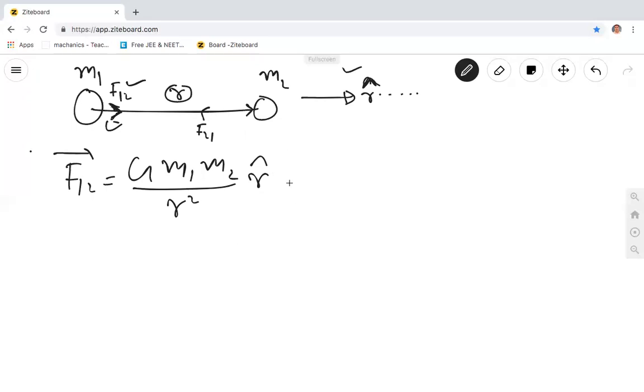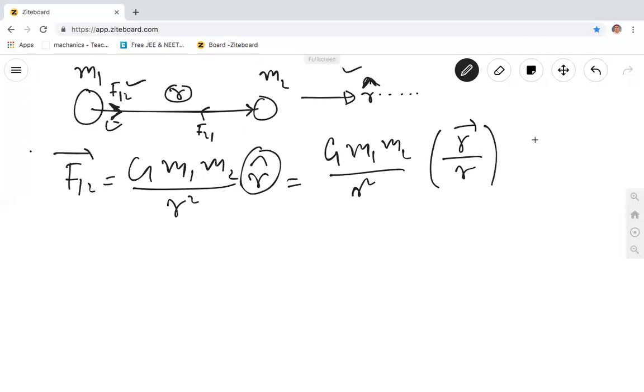So you can also write it as M1 M2 by R square. This R unit vector is a vector divided by its magnitude. That's the definition of a unit vector. If you divide a vector by its own magnitude, it becomes a unit vector.